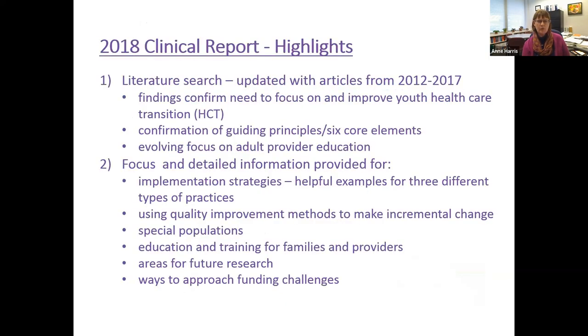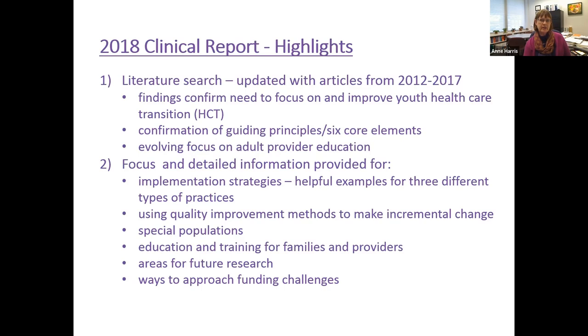One thing that did appear, and we knew this in Wisconsin because one of our participants, Judy Stike, had done a fairly extensive literature review during this time as well, is the increasing and evolving focus on adult providers needing to partner with them to focus on their education as well as engagement in the process. I think the message is pediatricians have kind of got the message and are doing what they can, but we do definitely need to involve more adult providers.